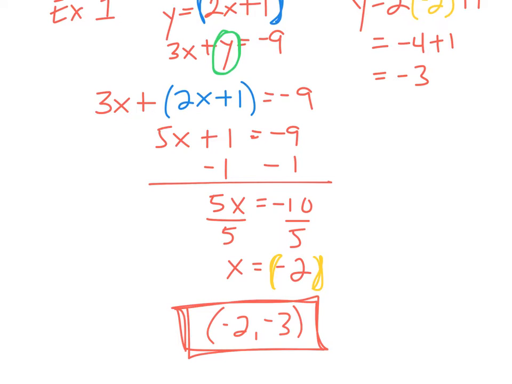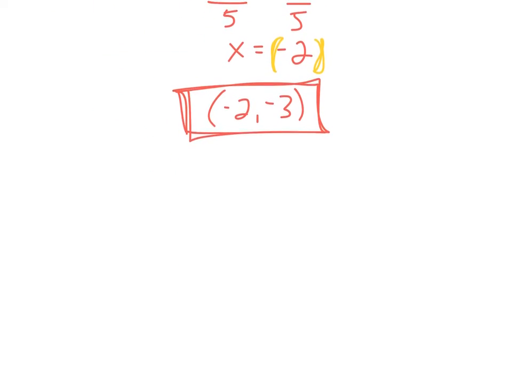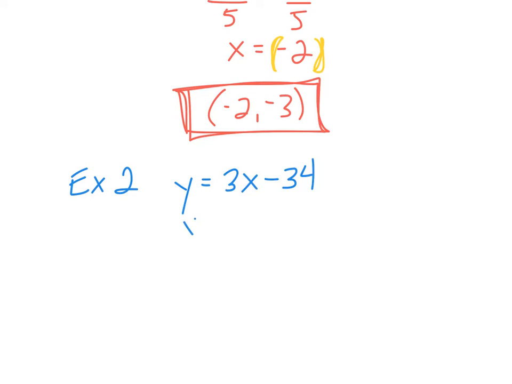Now, on occasion, you will come across a problem where both equations have a variable by itself. So in example number 2 here, we are dealing with y equal to 3x minus 34 and y equal to 2x minus 5.